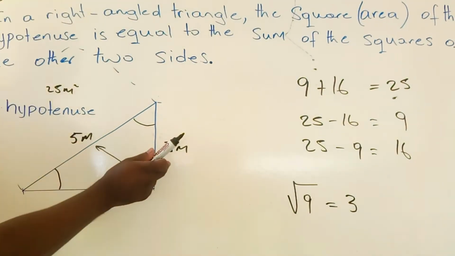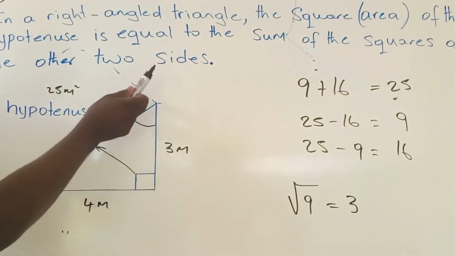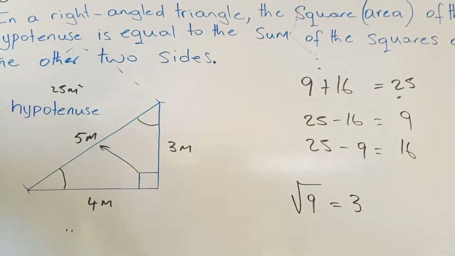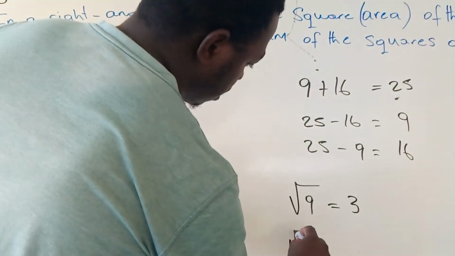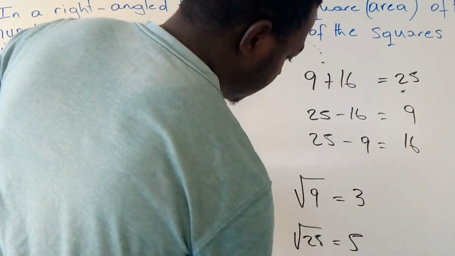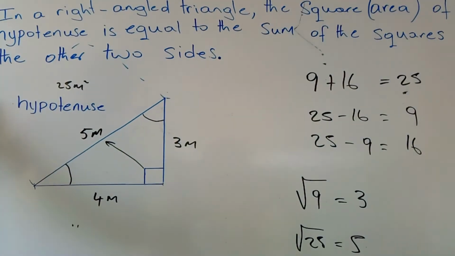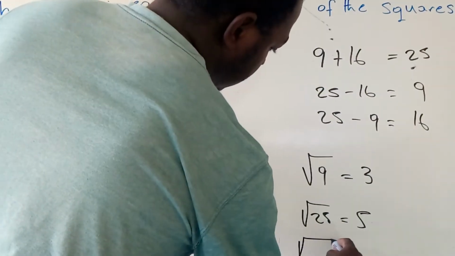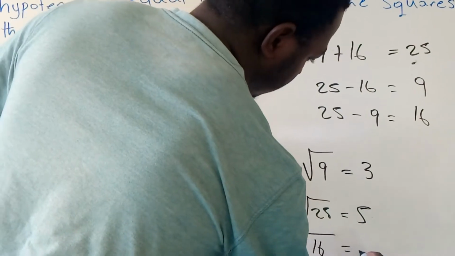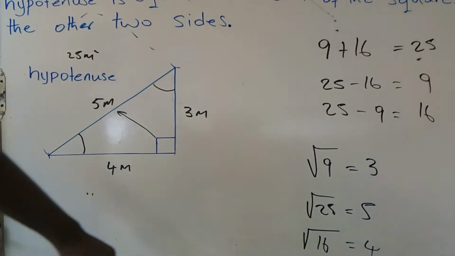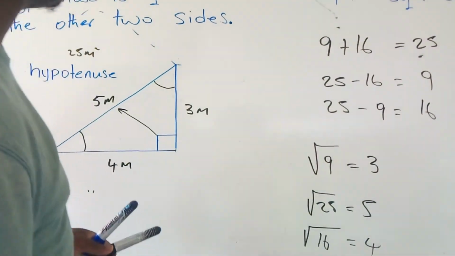And that seems to give you the length of one side of the square. And if you root 25, that would give us 5. That's very interesting as well. And if you root 16, that would give us 4. So we are starting to see a pattern among these numbers now.